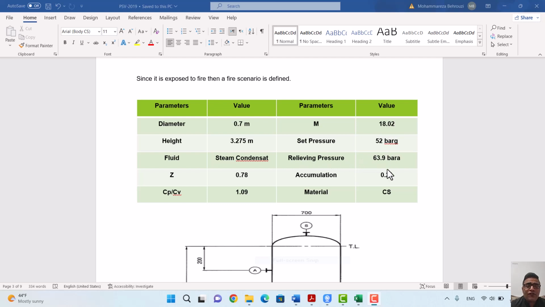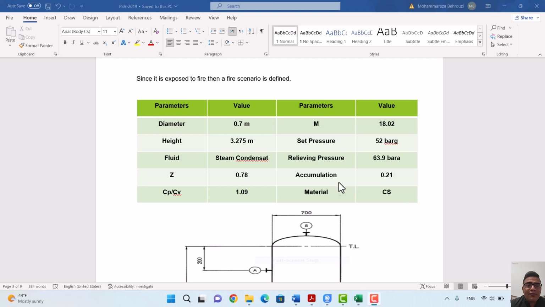Relieving pressure, of course, we're going to calculate, so don't worry about this one. The accumulation is 0.21, and the material used is carbon steel. Since it is steam condensate, it is common practice to select carbon steel for these vessels.